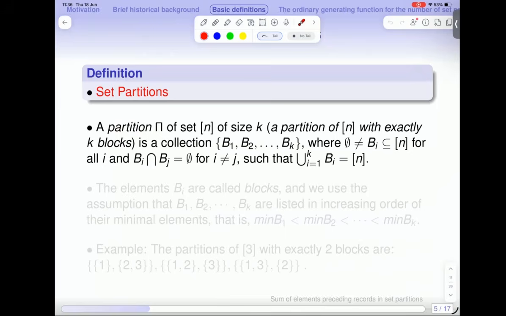A partition pi of a set [n] with exactly k blocks, also called a partition of [n], where the set [n] contains the elements 1, 2 to n, is a collection B1 to Bk of non-empty disjoint subsets of the set [n], and their union is equal to the set [n].